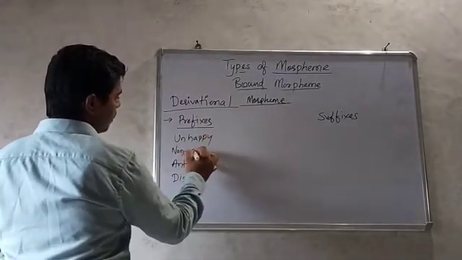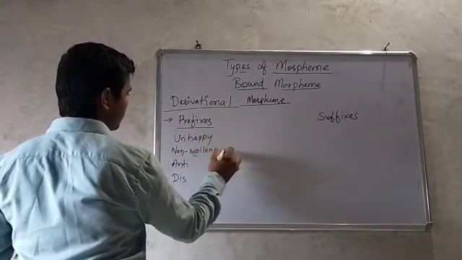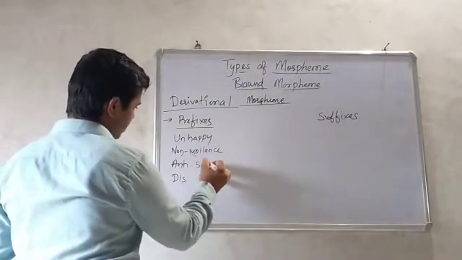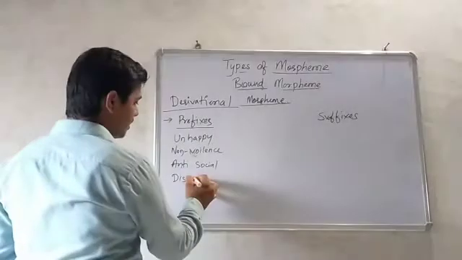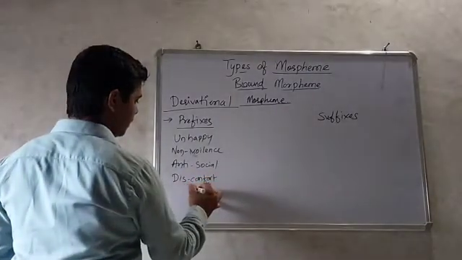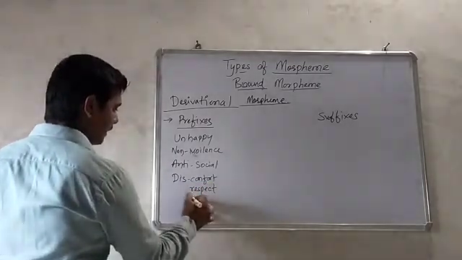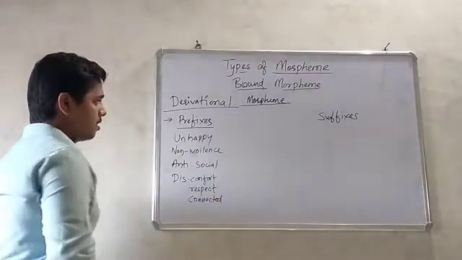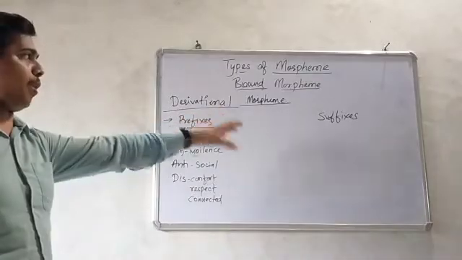Non, non-violence. Anti, you can say anti-social. Dis, discomfort or disrespect or disconnected. In this way we can use prefixes under derivational morphemes.